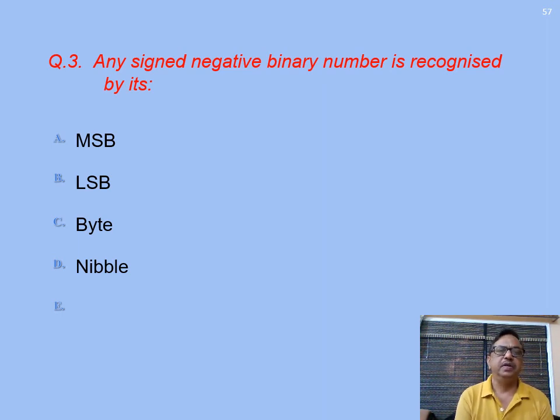A byte is a string of 8 bits or combination of 8 binary digits. LSB means the least significant bit and MSB means the most significant bit. So what is the answer? Obviously the answer is A, because what we have asked is, any signed negative binary number is recognized by its MSB. Only by the MSB can you understand it.